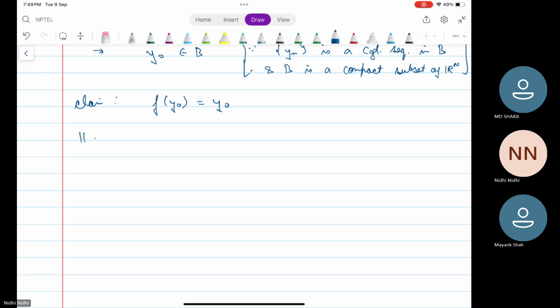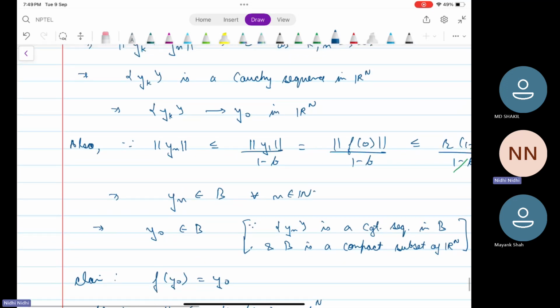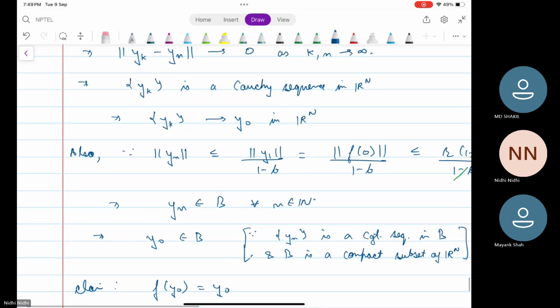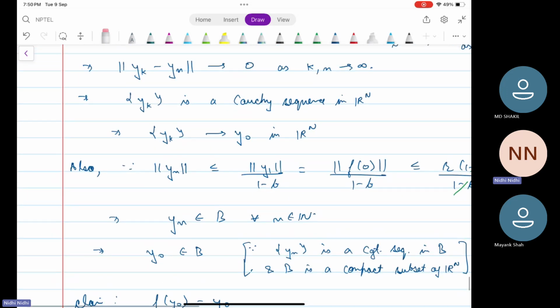We have f y naught minus y naught. This is less than or equal to, I'm just adding and subtracting f n.